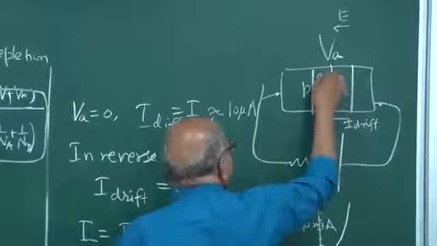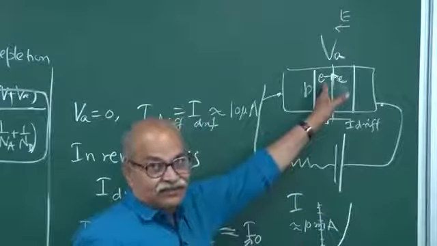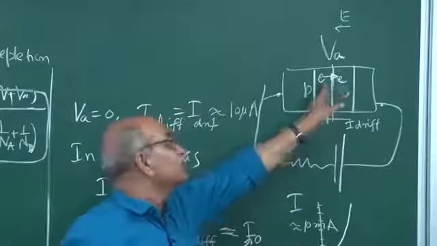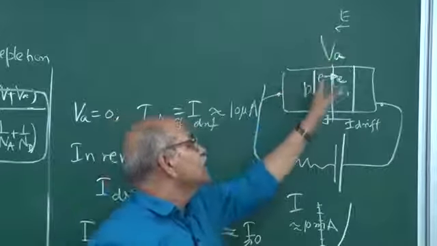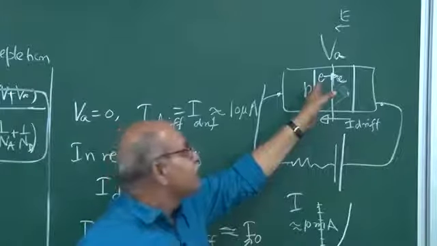If this electron is going in this electric field, it is gaining energy. The electron is accelerating, it is gaining kinetic energy.